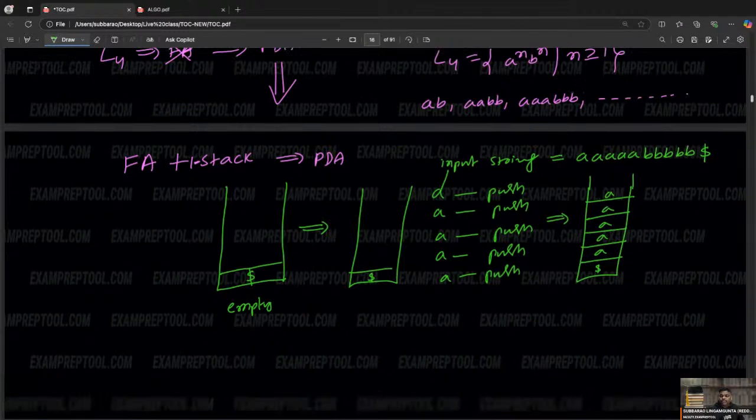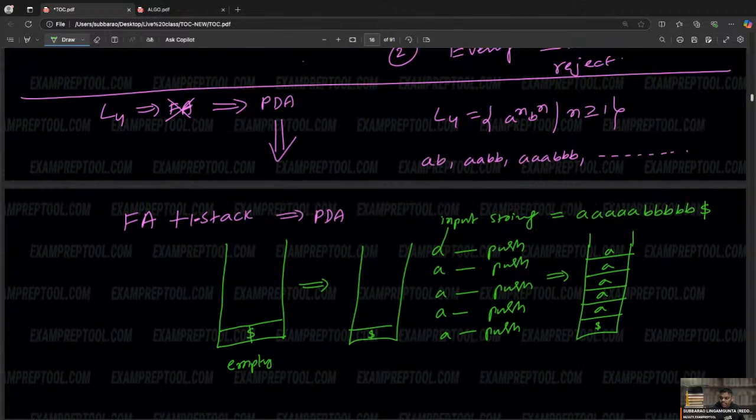Because in our language, A's are coming first, A's coming, push, like that you will keep on pushing.